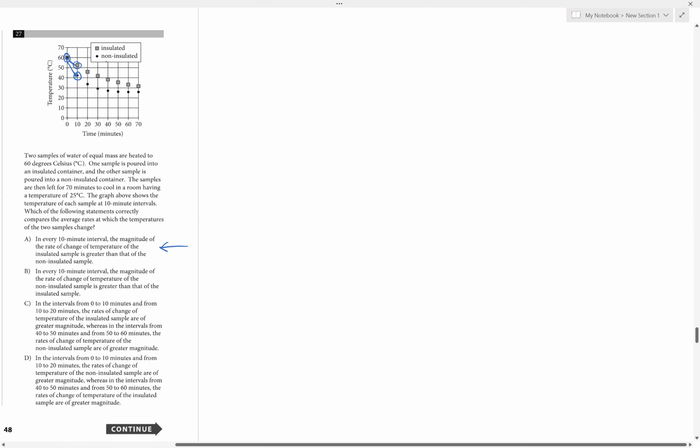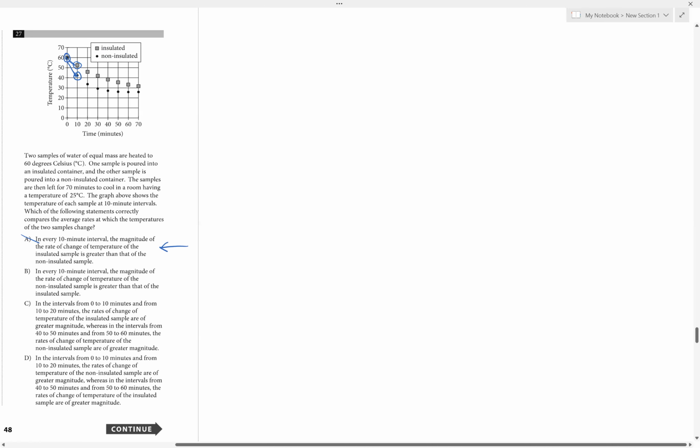So the non-insulated sample actually has a greater change in that first 10 minutes, which can prove letter A wrong. At least for that first 10 minutes, that's the case. So A is not always correct, so that's wrong.